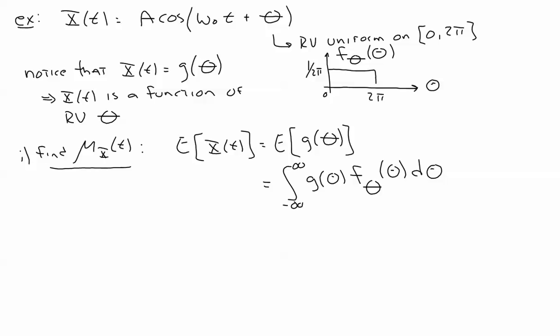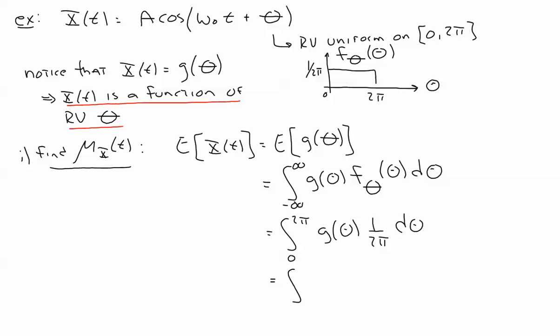Yes, I am still dealing with a random process, but because in this particular case my random process is a function of a random variable, I can simplify my analysis. All right? This is integral from 0 to 2 pi g of theta times 1 over 2 pi d theta.